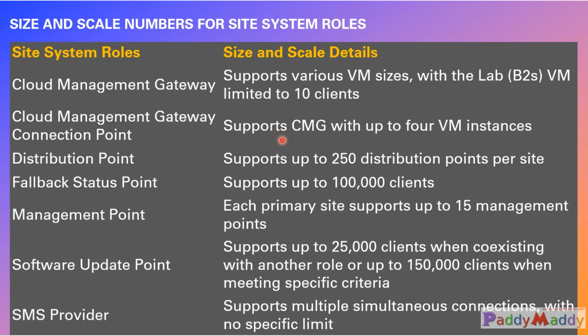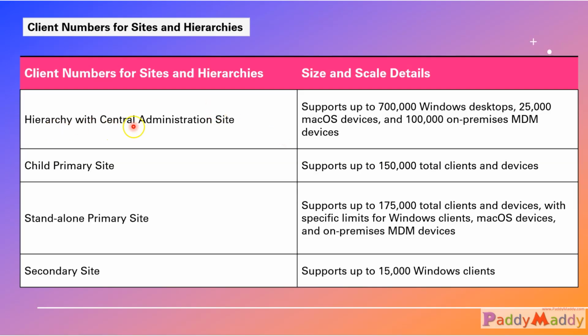So this is the slide I'm going to talk about, slide 8, which talks about the CAS site. A CAS site can support up to 700,000 clients, meaning 7 lakh client devices, only for Windows desktops, and 25,000 Mac devices, and 1 lakh for the on-premises MDM solution.